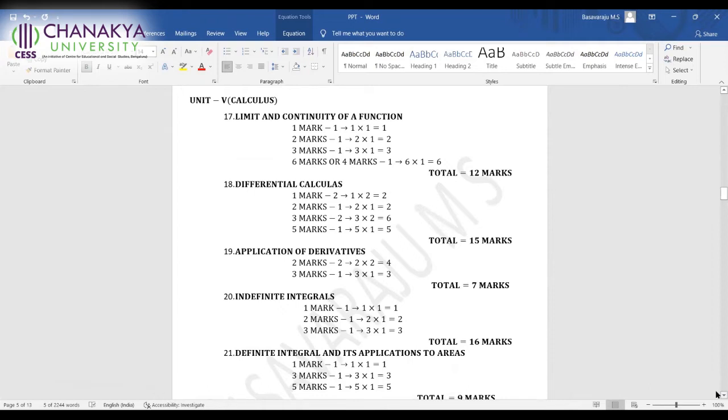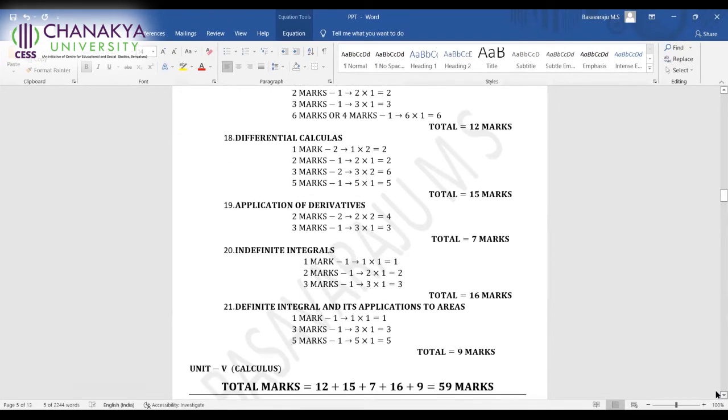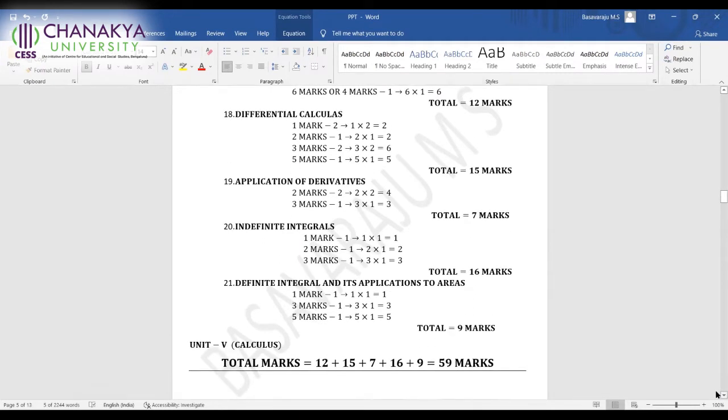So what you should do is just practice some basic concepts. Take an example, what exactly is the meaning of derivatives? What is the meaning of the derivative of some functions? If you practice this unit thoroughly, you are going to score at most 59 marks. So this is also something you can plan and practice.